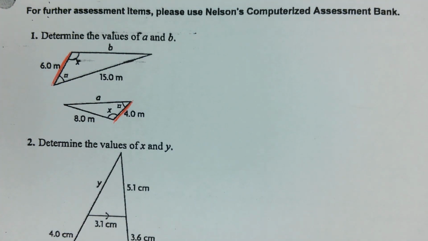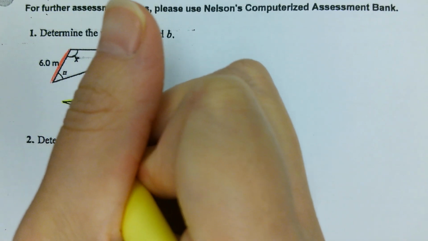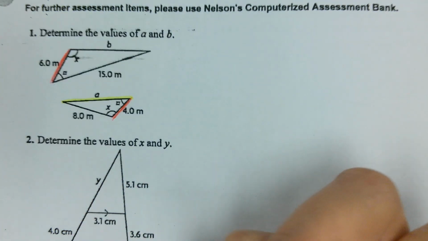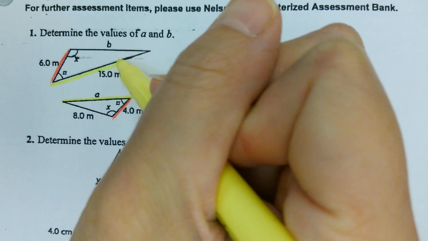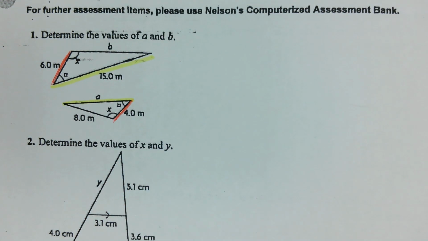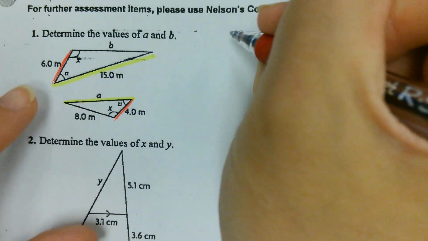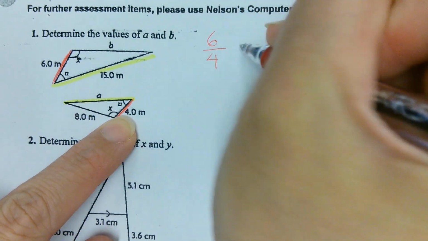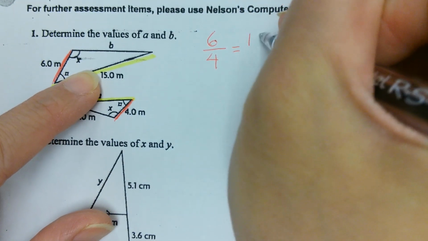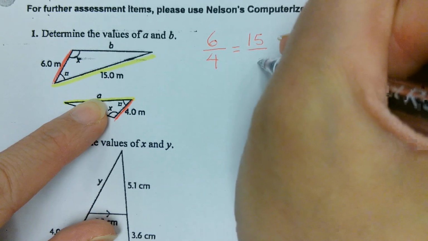And what about the A right here? The A right here, I would compare it with the, yep, 15. That's right. So when you set up your 2 ratios, that's what you would want to write. So 6 over 4 equals 15 over A.